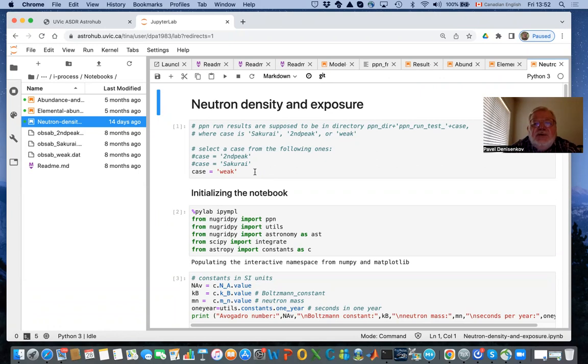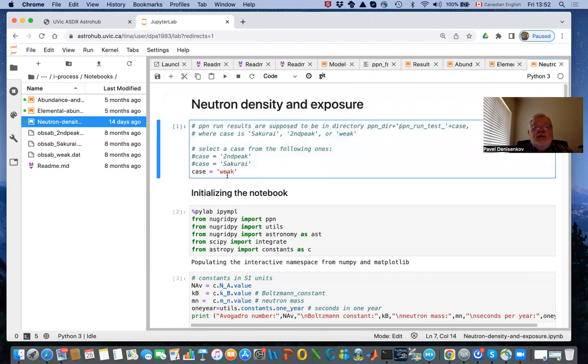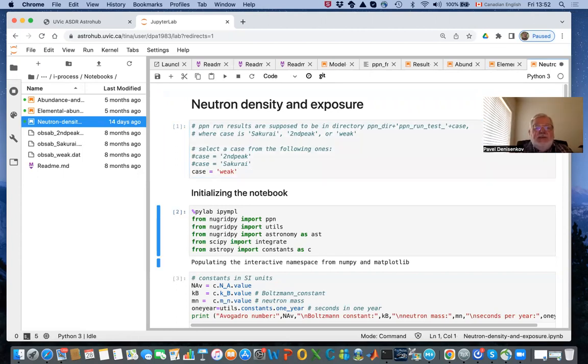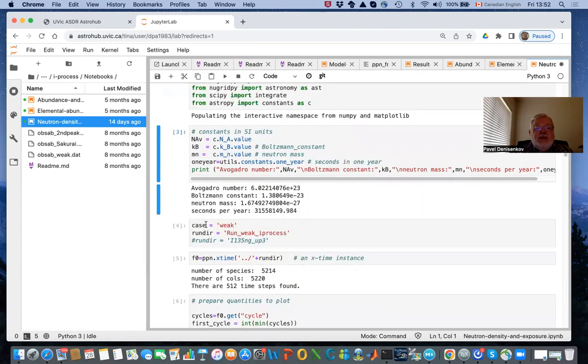This is for the weak i process, because when you choose the case here, the notebook will adjust itself to make the right plots that look nice for the corresponding case. So let's leave case equal to weak. Let's execute cells, shift enter. The first cell, the second cell, third, and so on.